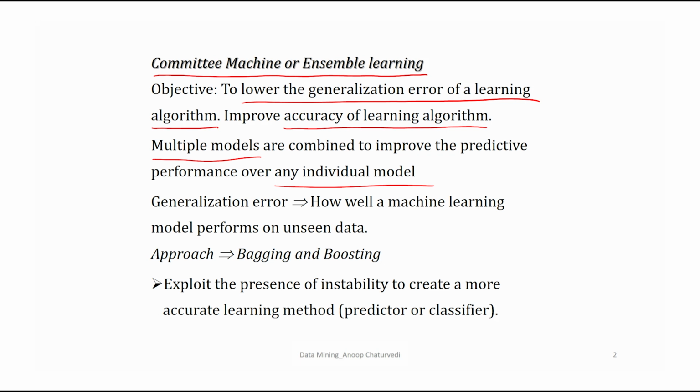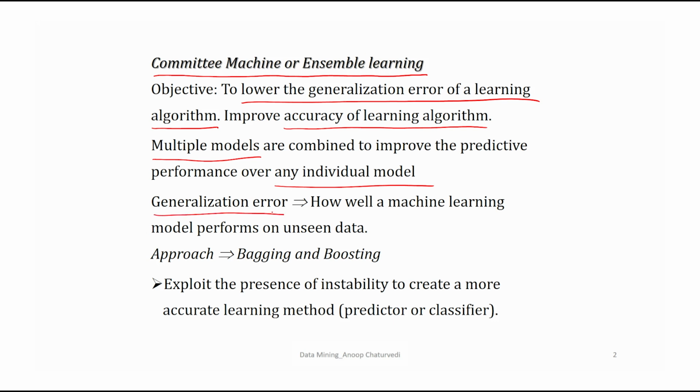Although you have fitted the machine learning model for the training data and it is performing well for the training data, if it is not performing well for an unseen data, a new data, then of course it is not so useful, and this kind of error is called generalization error.